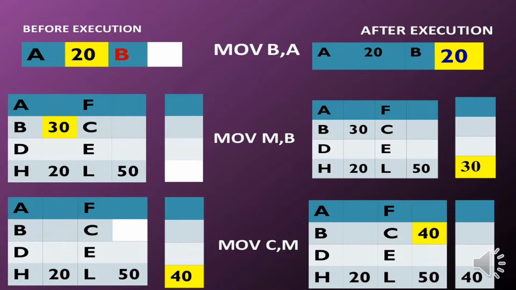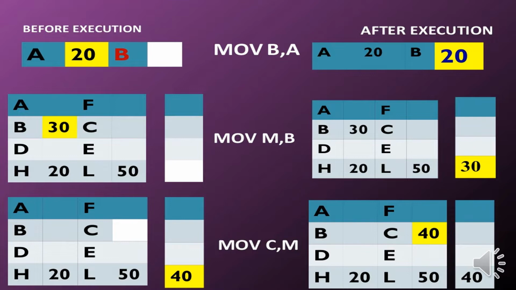Another instruction is MOV M, B. Here B is the source register and M is the destination, a memory pointer or memory location. Before the instruction, the B register holds 30 as 8-bit data.